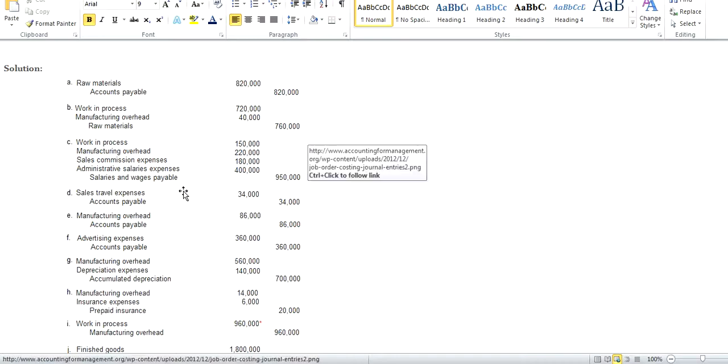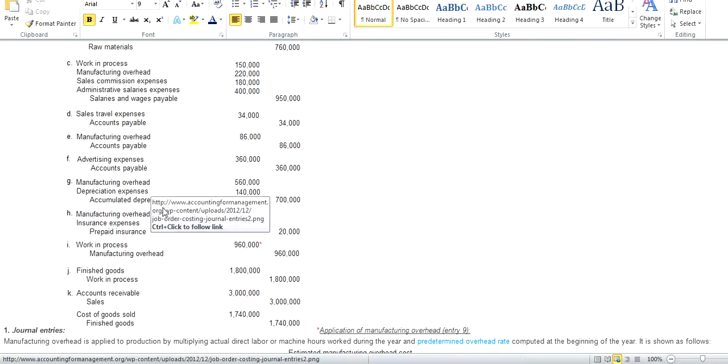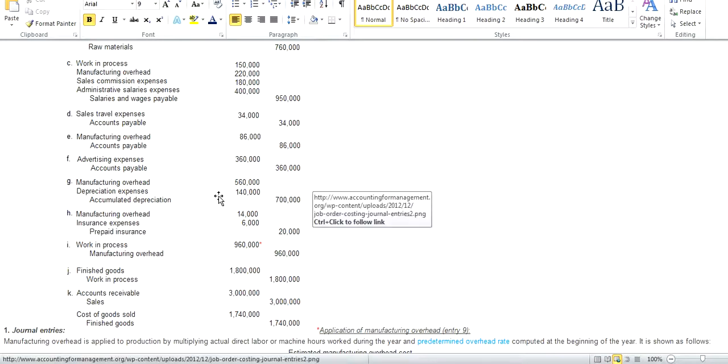Sales expense, period. 86, this was for the utilities, the utilities for the factory, so we charge it to manufacturing overhead. Advertising expense is a period cost, so it goes directly to the advertising expense account. Depreciation, 560 related to the factory, so we had charged that to manufacturing overhead. 140 was for selling and admin, so we can take it in the current period to depreciation expense.